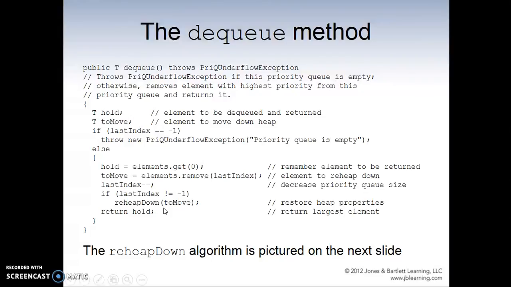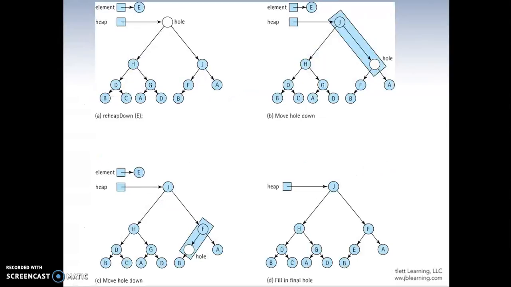Now let's look at the algorithm for reheat down. For example, we DQ, we say we put a hole there. And we want to reheat down. We know that the element we have is now E, right?